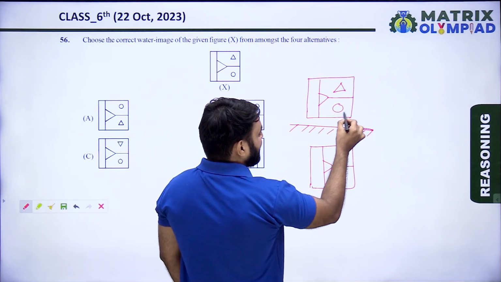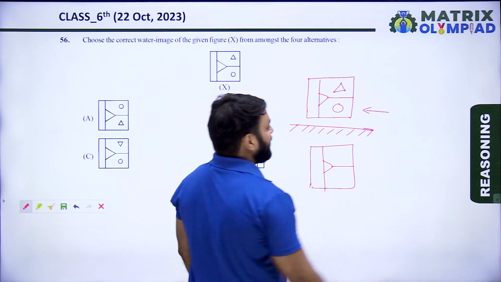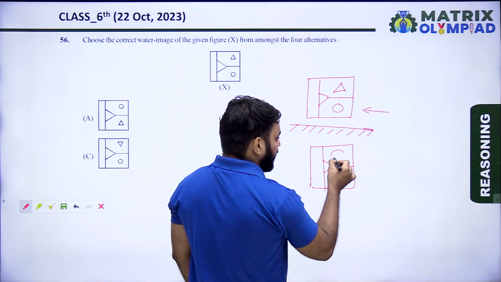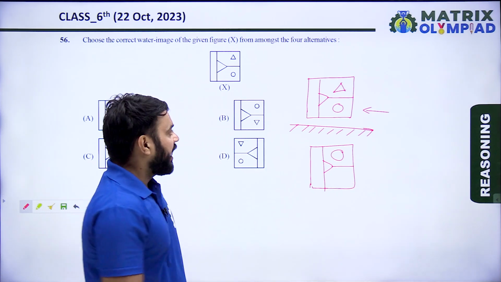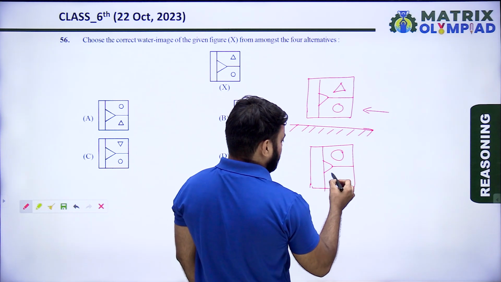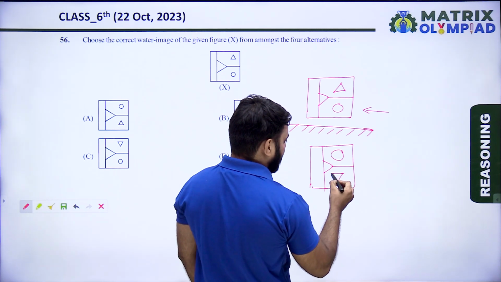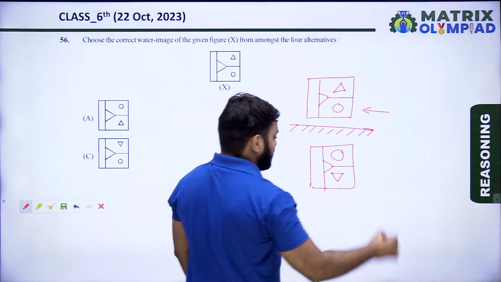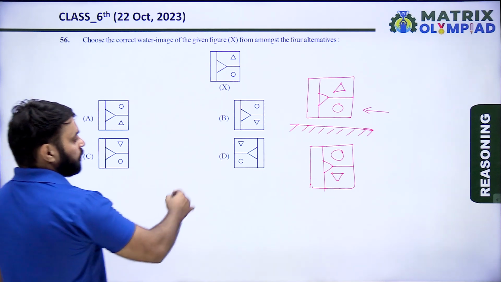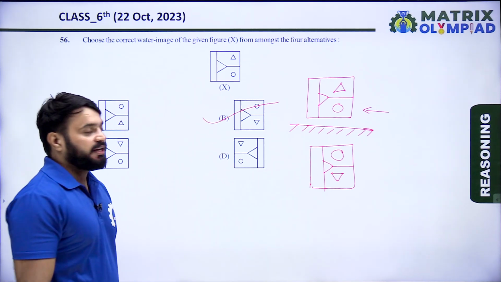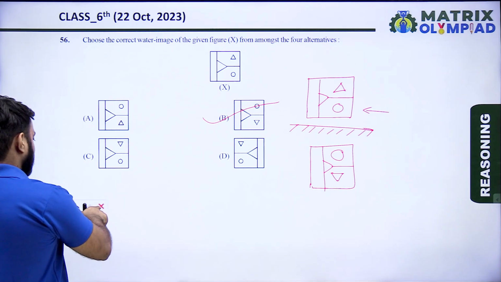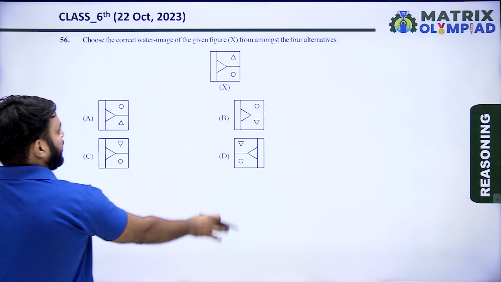So, circle is near the water. It will remain near the water in water image. And water image of triangles. So, water image of given triangles looks like as follows. It means option B is the correct water image of the given figure. So, here option B is the correct answer. So, let's move on to the next question.